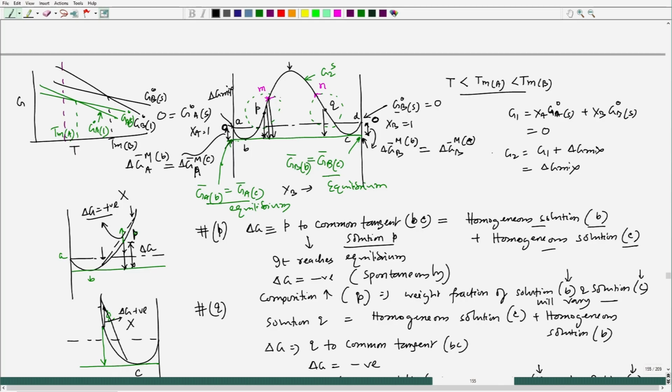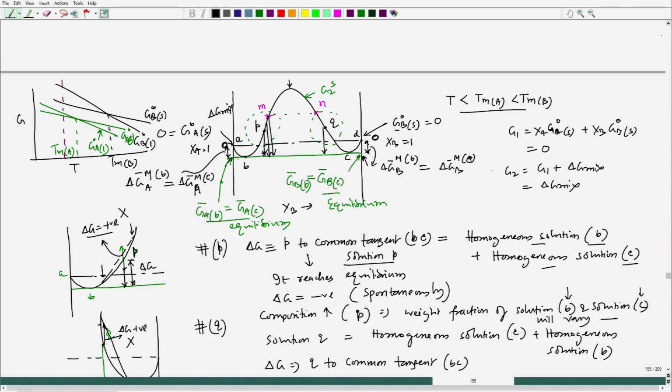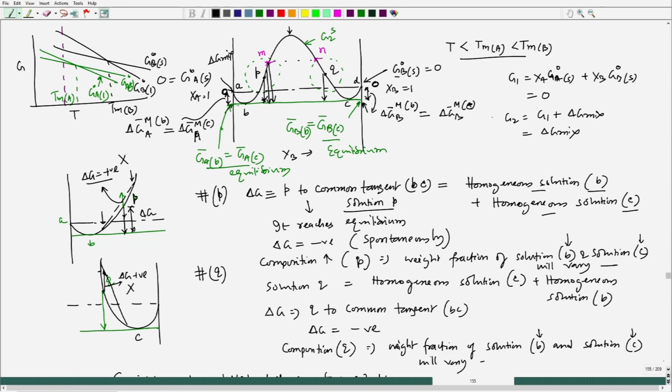Now, what happens in between this spinodal? This spinodal, this is the interesting part, as we have indicated before. From here, any point you take, let us say I am taking this point, there will always be a lowering of free energy if there is a little fluctuation in composition in the system of that solution.